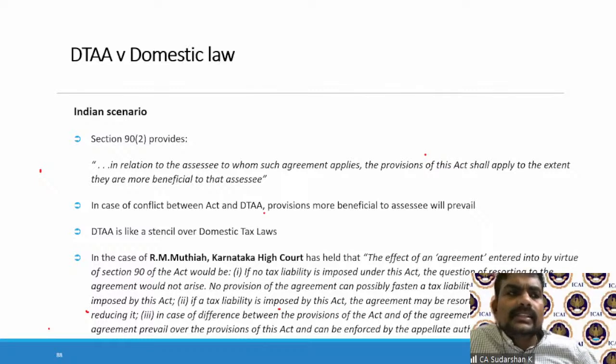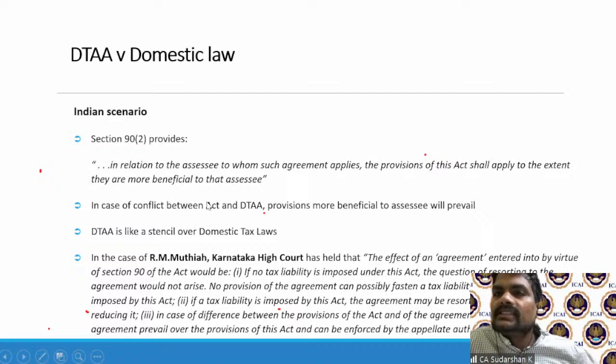Now, another very significant aspect, having seen why we have looked into treaty, what are the objectives? In order to give more powers to treaty, Section 90, subsection 2 of the Income Tax Act says the provisions of the Act shall apply to the extent they are more beneficial. In other words, treaty or Act, whichever is beneficial to the assessee will prevail.